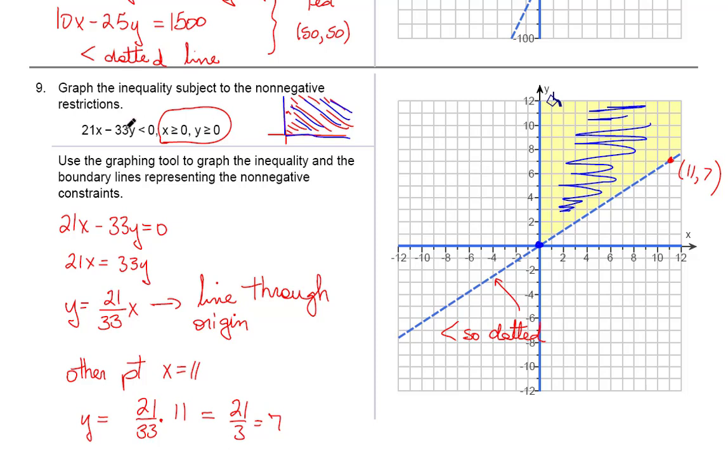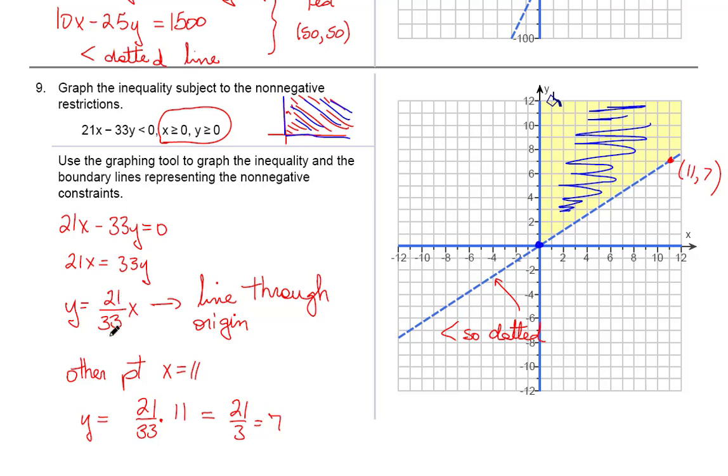So now I need to figure out what this line looks like. Well, first off, it's going to be dotted. If I solve, I get y is 21 over 33, so it is a line through the origin. That's 1 point. I need another point.